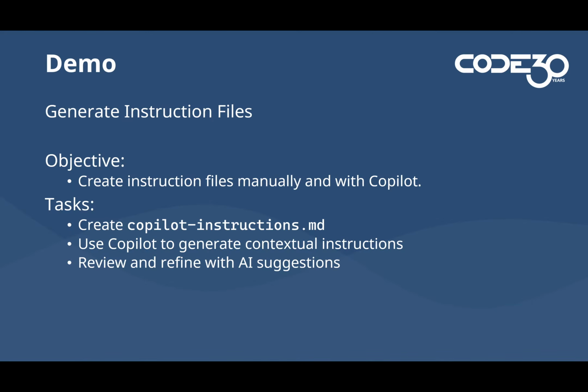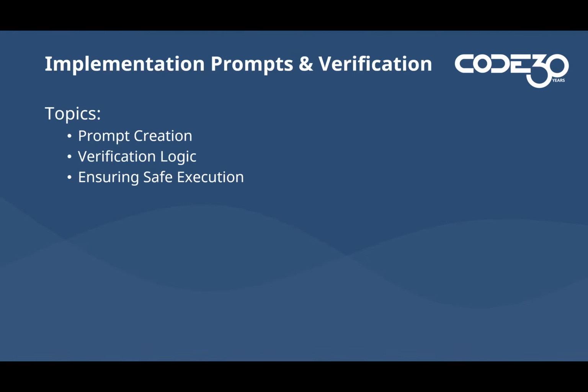So we talked about the implementation prompts and the verification logic that it produced. We talked about how we created the prompts, what the verification logic in those prompts is, and how we ensure safe execution of those prompts. We reviewed the business rules instructions, then the prompt to generate the instruction files, and the actual generated instruction files.